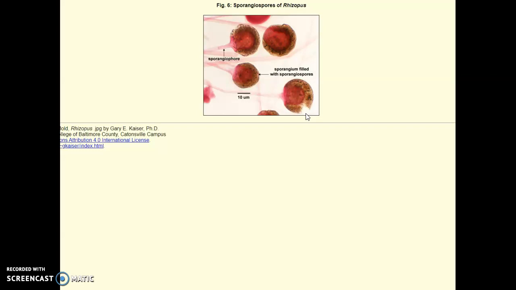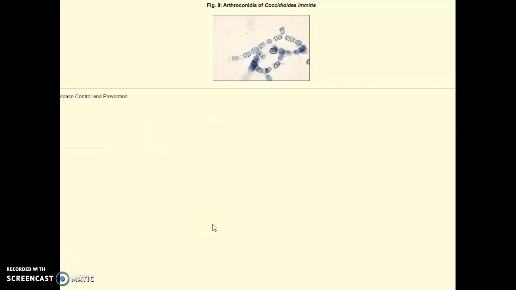The third type of mold spores or reproductive structures that we'll see are arthrospores. These are arthrospores, or sometimes referred to as arthroconidia, of a particular fungus called Coccidioides. Now you'll notice these look completely different because these reproductive structures are actually pieces of the hyphae that are going to break off or fragment.